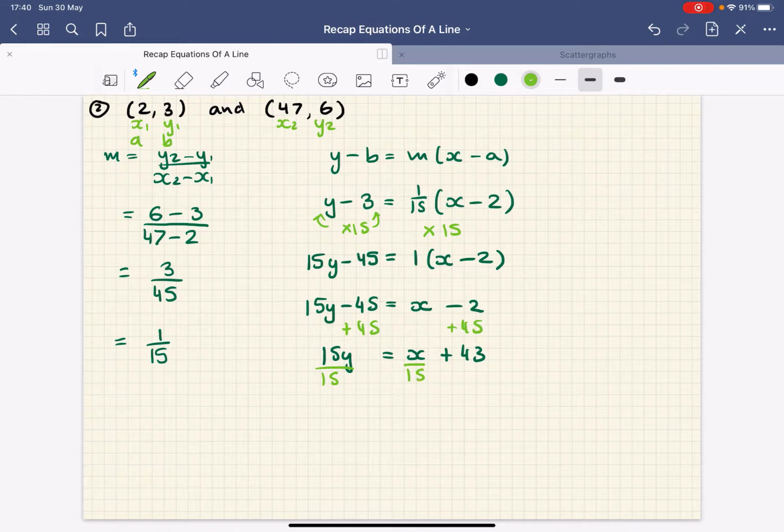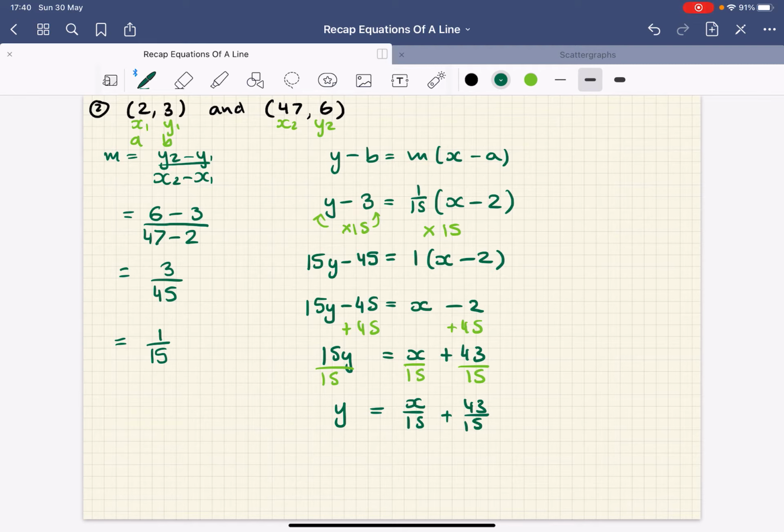And this is the one case, remember, where I do split them up individually like so. The reason why is if one of these could simplify, then it helps a lot with setting up for later on questions. So I do them individually in this case. But I'm left with an answer of y equals x over 15 plus 43 over 15.